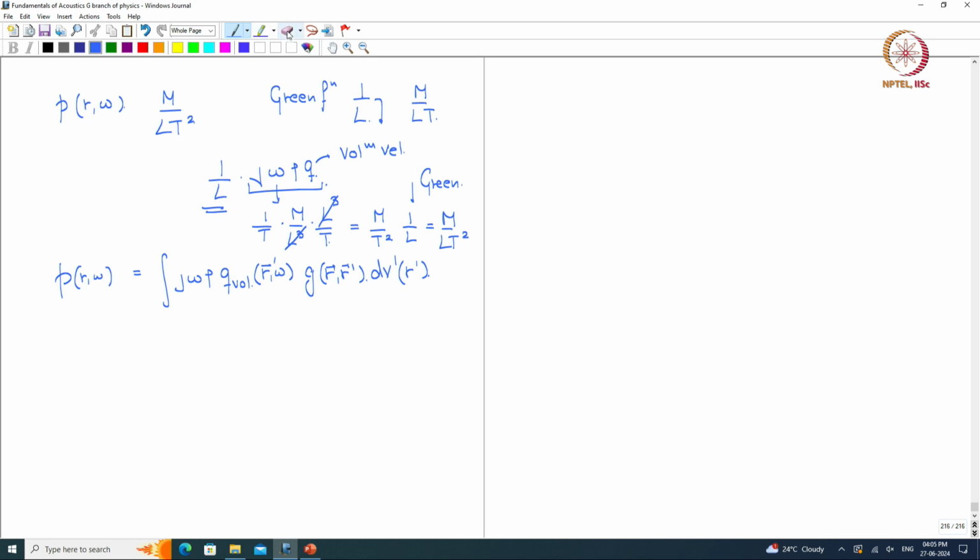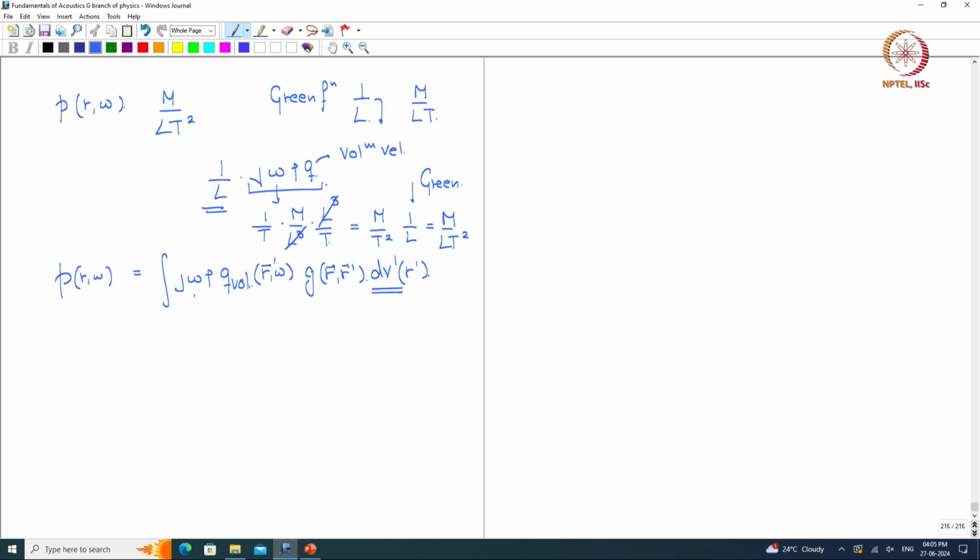Sorry, this is volume. This is q_volume, which is volume velocity per unit volume, because we have a volume integral over here.